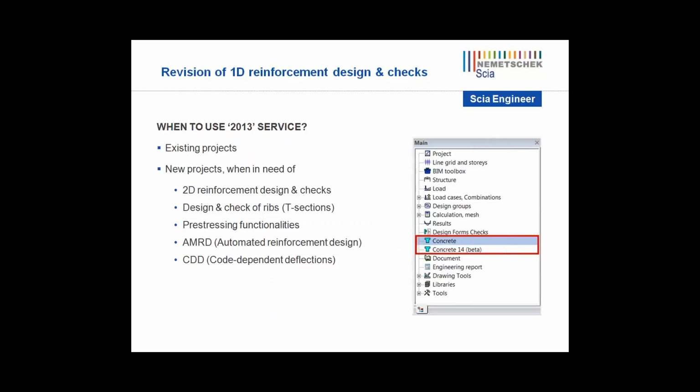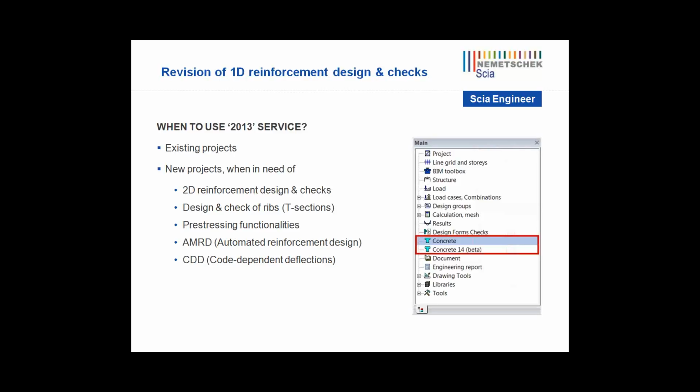Now, all these new functionalities are in a new concrete menu. In Scia there will be the concrete menu, which is the old concrete menu, which will remain available, and there will be the new concrete menu, which is the concrete 14 beta. Now, for which functionalities do you still want to use the old one?